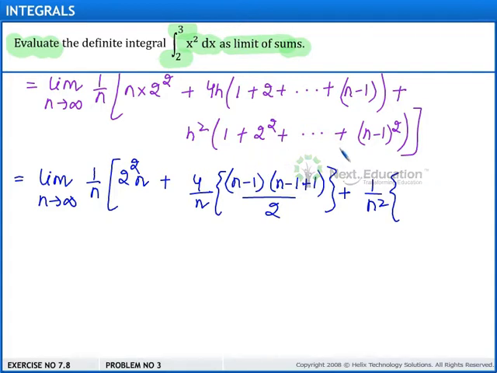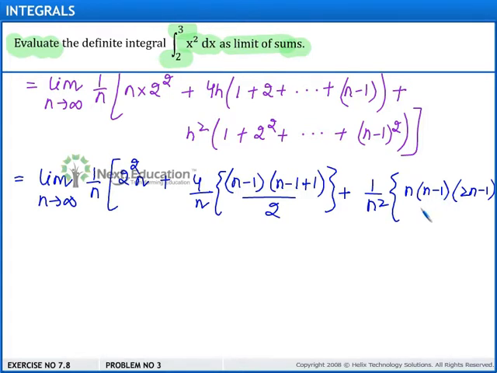Now the sum of the squares of first n minus 1 terms is given by n into (n minus 1) into (2n minus 1) upon 6.